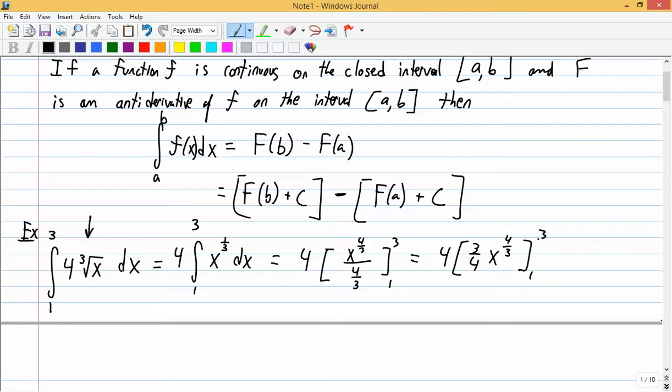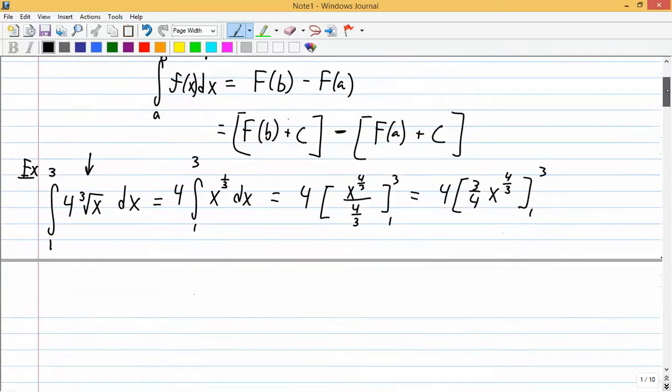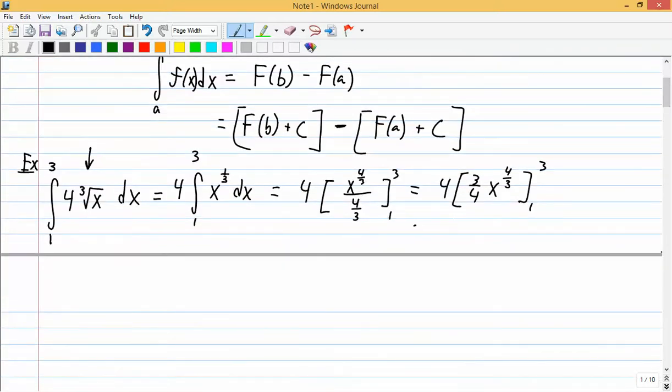And since that's a constant, you don't have to, but you can move that out in front. You can always take any constants out, even at this point here, before you evaluate. And I'm going to do that because you can see on this problem, if I bring out a 3/4 and I have a 4 there, 4 times 3/4 is just 3.